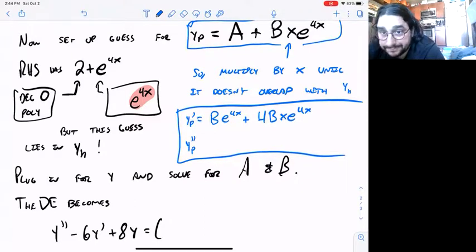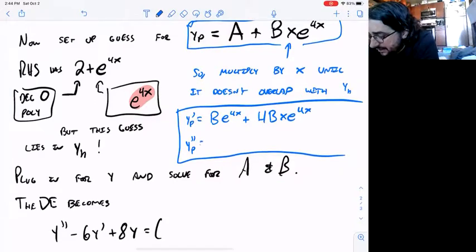Product rule on that second term. Then I'm going to do it again. I'm going to get B e to the 4x times 4 because of a chain rule. So that's the derivative of that first term. And then I'll do product rule again here. And what do I get?